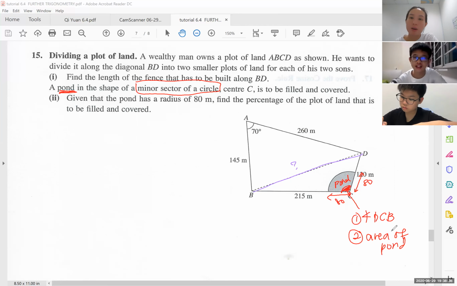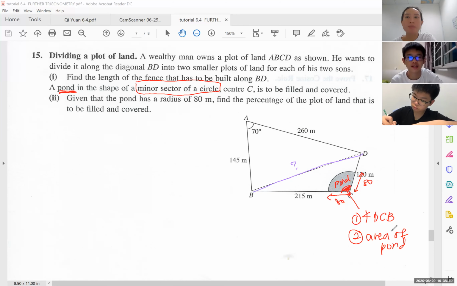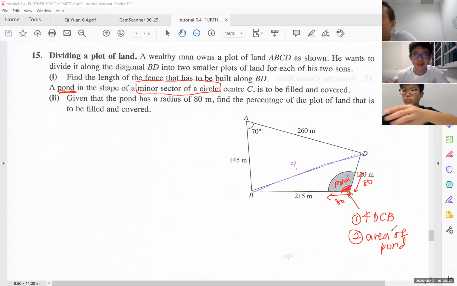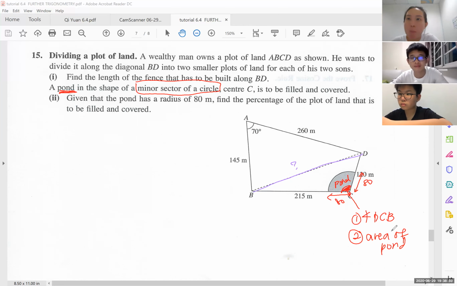You can use 360 divided by that, and then you can find the section. Meaning, there's a better way. Whatever you're doing is okay, but rephrase it. So how do you find the area of the pond?